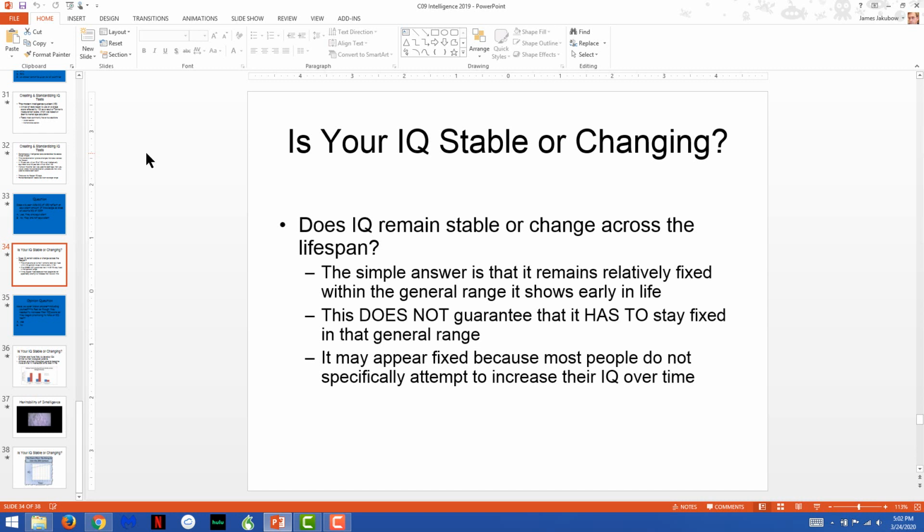Because the assumption in the early 20th century, based off of Darwin's theory of evolution, was that intelligence was based off of your genes entirely, whatever your IQ was as a child, it should remain that way for the rest of your life. However, if IQ is based off of the environment, then your IQ should vary over the course of your life based on the amount of intellectual activity that you engage in.